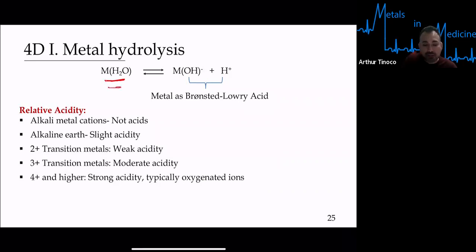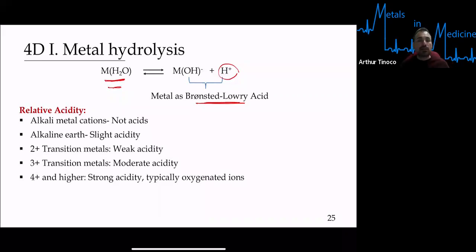So you have the metal aqua compound, and then the loss of a proton from the water molecule as induced by the metal itself. And so in this perspective, the way we're looking at this is the metal serving as a Bronsted-Lowry acid.